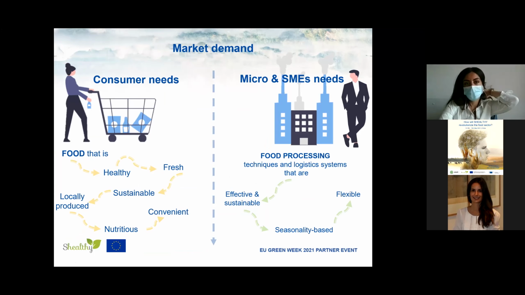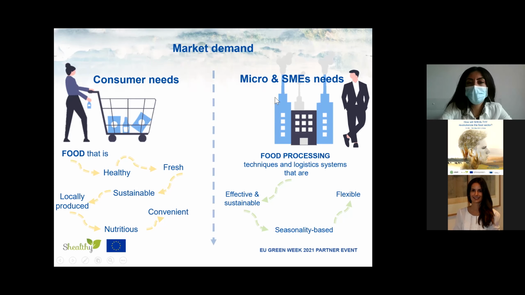Because we want to respond to two basic needs: consumer needs and micro, small and medium enterprise needs. In fact, consumers are demanding food that is healthy, fresh, sustainable, locally produced, convenient, but also nutritious.